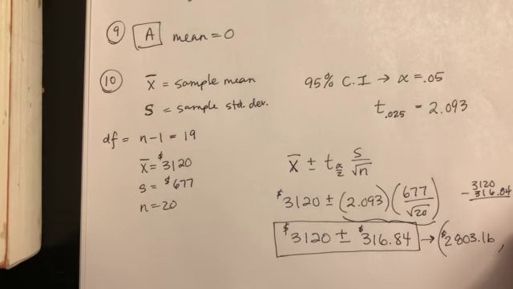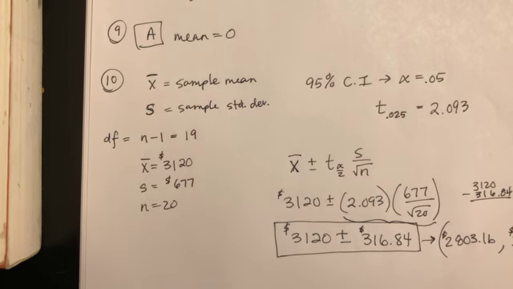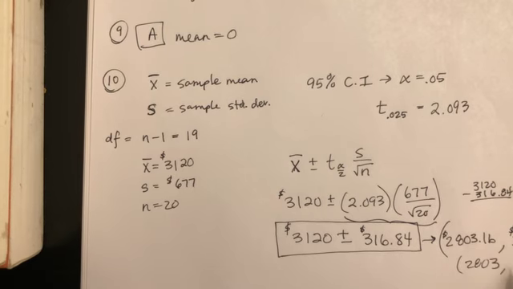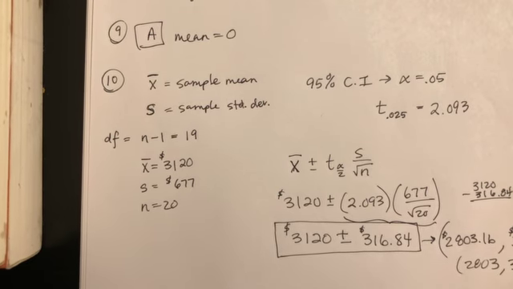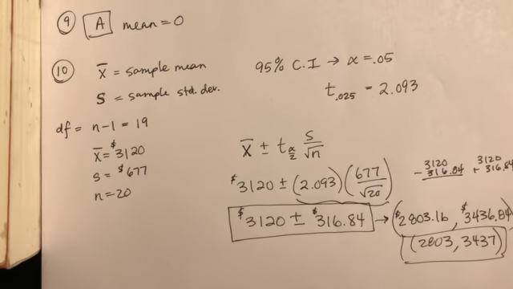And 3120 plus 316.84 is 3436.84. They rounded to whole numbers, so it's 2803 and 3437. That's the confidence interval they want.